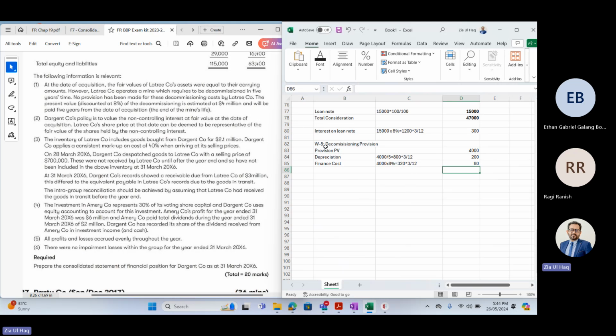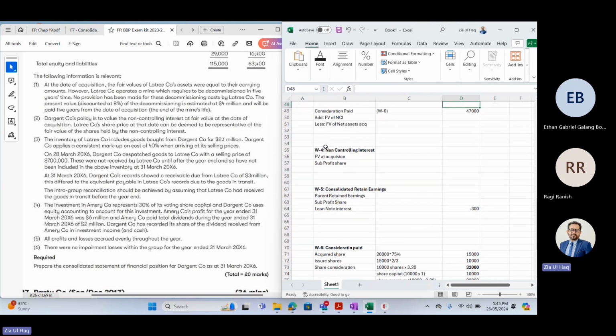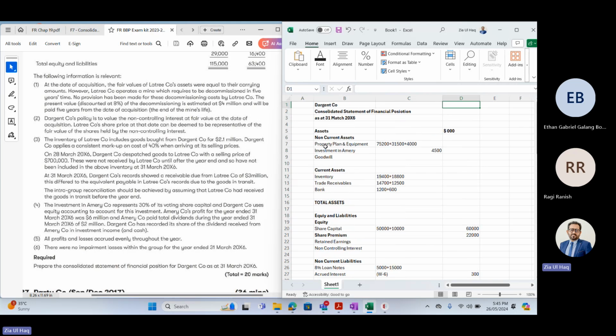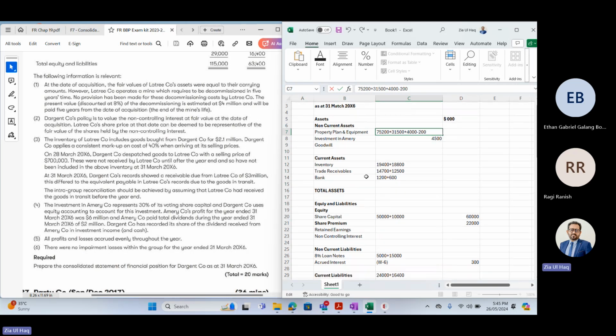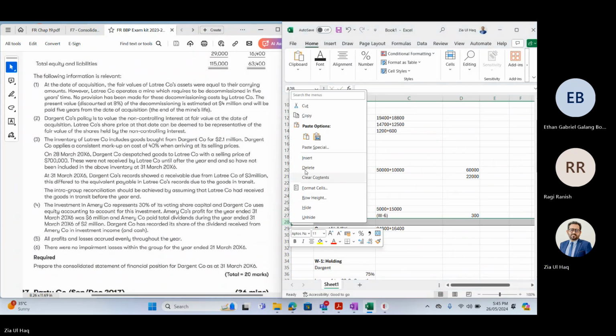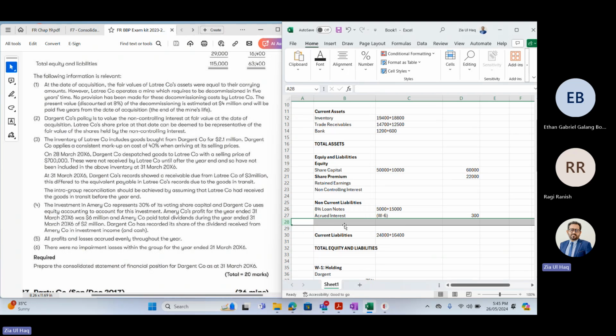This depreciation should be reduced from where? Property, plant and equipment. Okay. Let's move towards property, plant and equipment first. This should be reduced from here, 200. And we need to create an environmental provision as well under non-current liabilities, decommissioning provision.